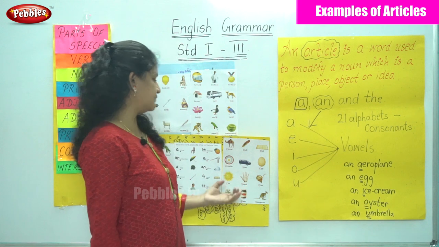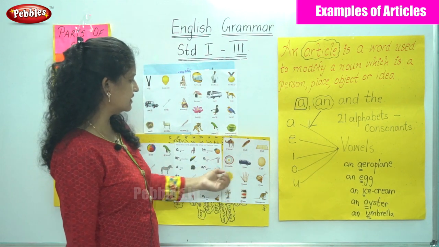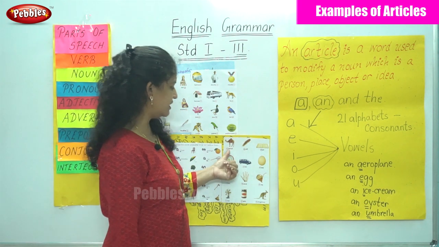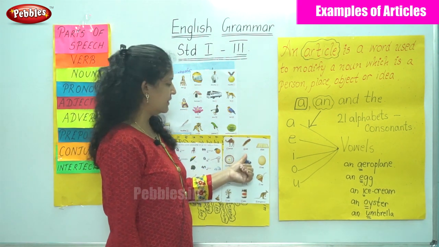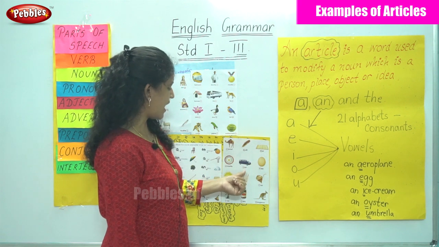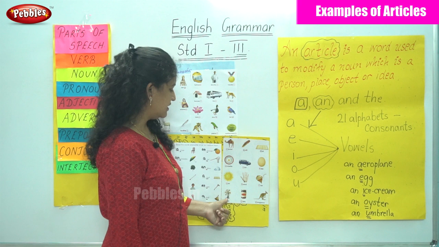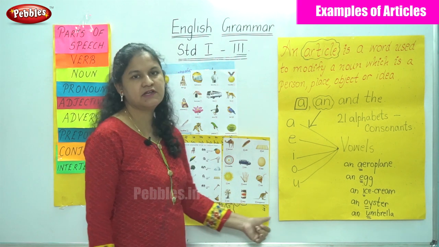So if you come to the next picture, we see certain words begin with the consonants, that is camel, quill, mat, van, sun, hand, top, fan, jam, kangaroo.